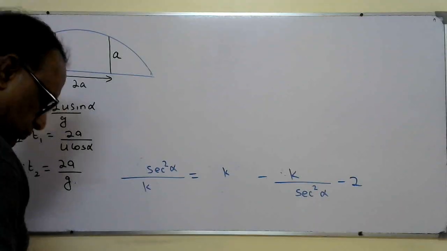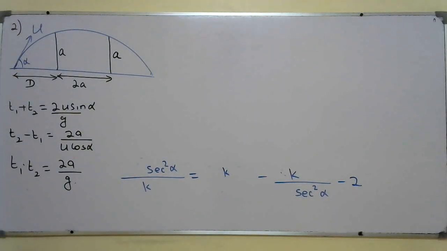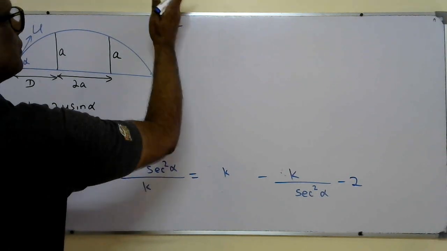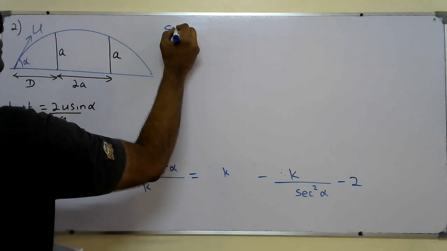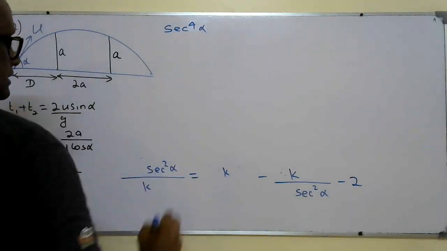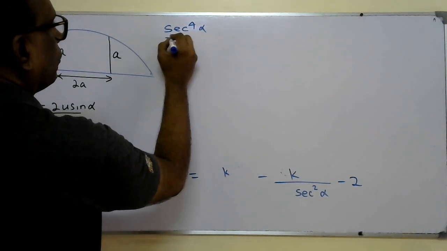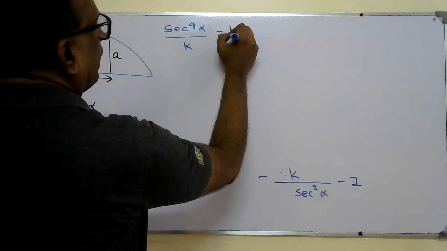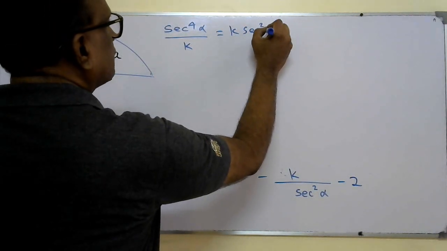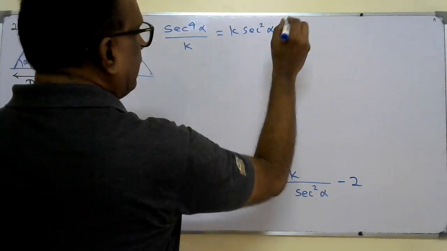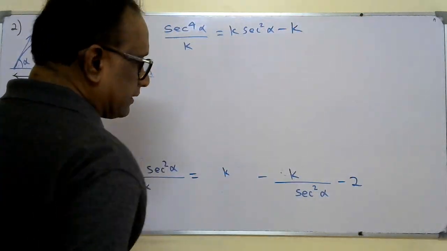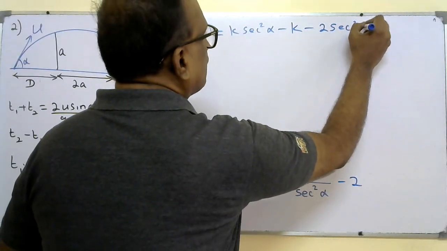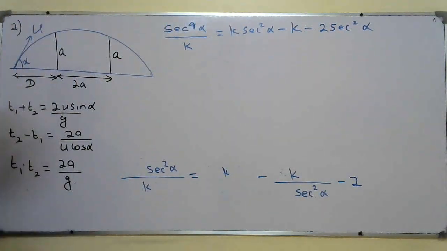If you multiply by sec squared alpha, you will get sec to the power 4 alpha over k equal k sec squared alpha minus k minus 2 sec squared alpha.